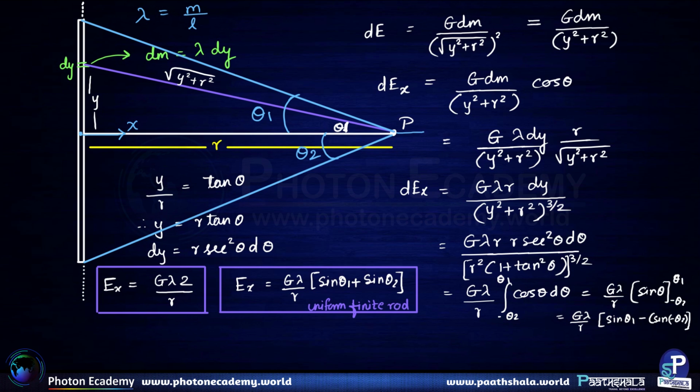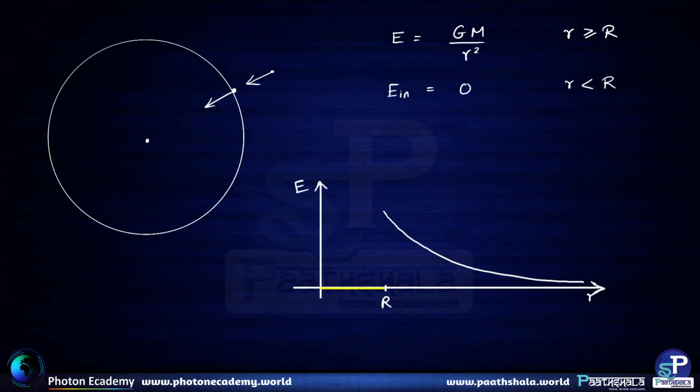So Ex will be G lambda upon r sine theta 1 plus sine theta 2, which is G lambda into 2 upon r. So 2G lambda upon r is the expression for an infinite rod. So this is an infinite uniform rod. The student is advised to remember all these expressions by heart.